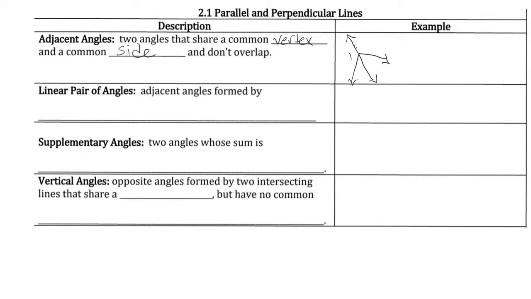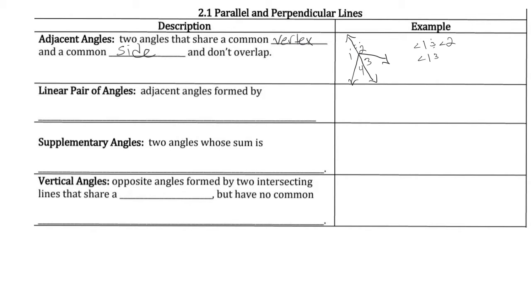And then say we label our four angles one, two, three, and four. What are adjacent ones? Well, essentially, they are angles that are right next to each other. So angle one and angle two, how they're next to each other.